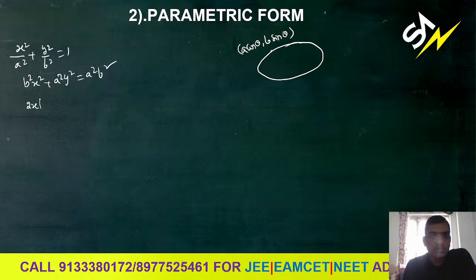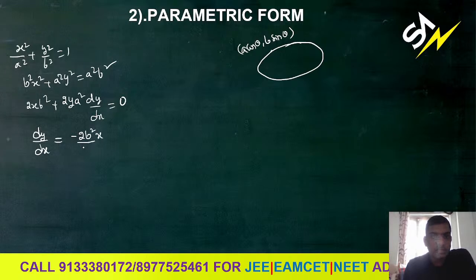Then 2x b square plus 2y a square into dy by dx is equal to 0. Then dy by dx is equal to minus 2b square x divided by 2a square y. The 2 gets cancelled.